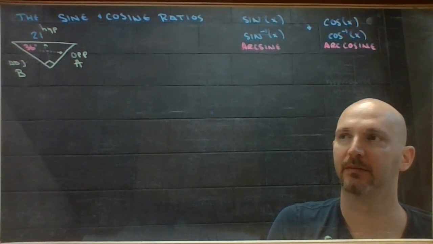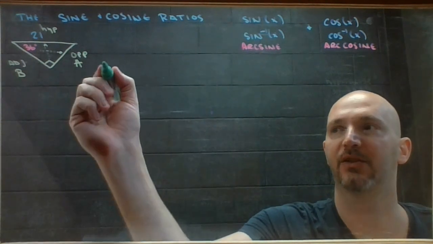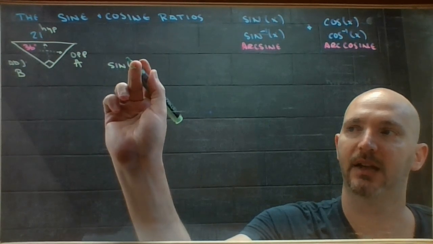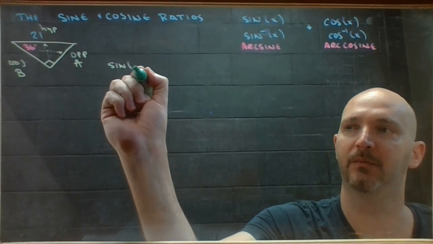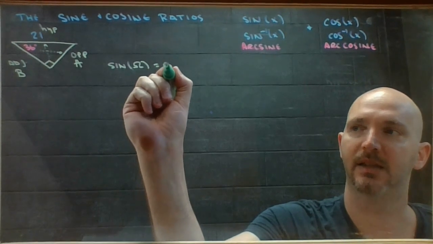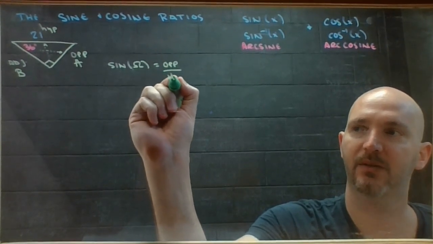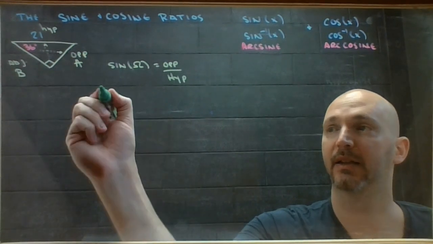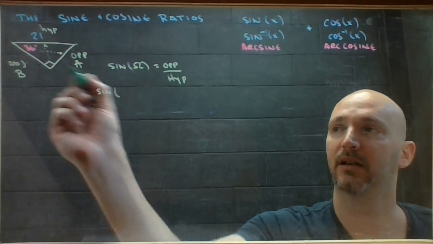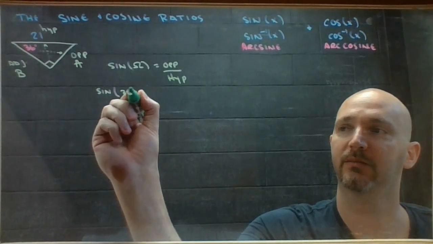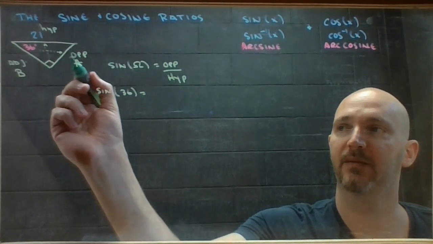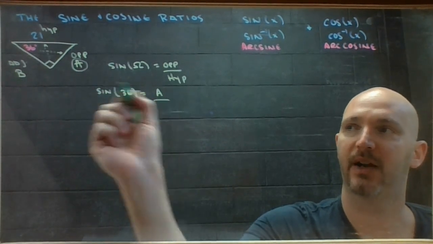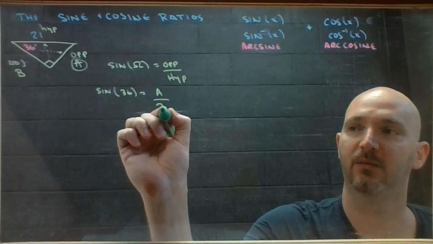Okay. So if I start with these ratios, the sine ratio, sine of any angle is the opposite side over the hypotenuse. And I start filling stuff in, I can see that sine of the 36-degree angle would be the length of the opposite side, that's this unknown, divided by the length of the hypotenuse, which I do know.